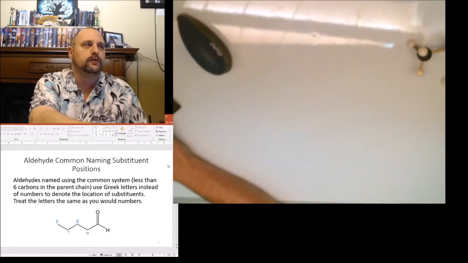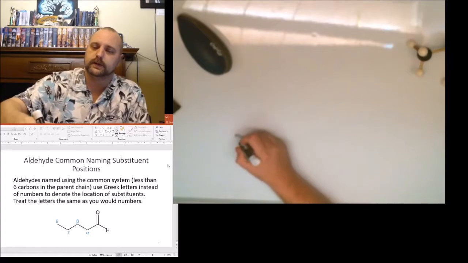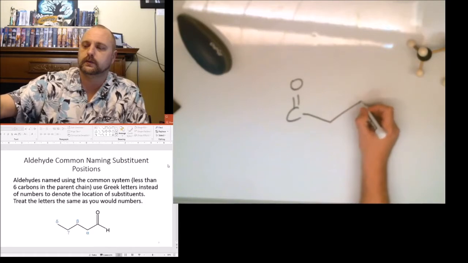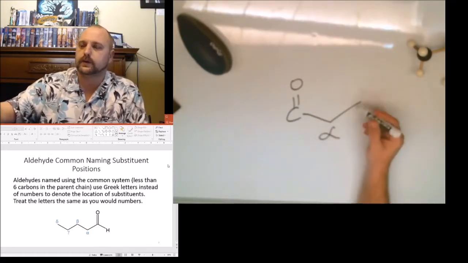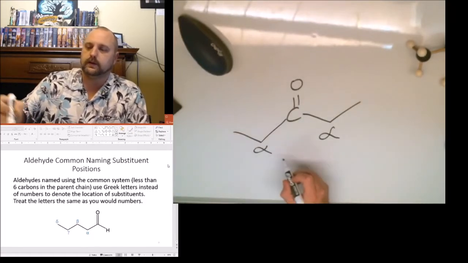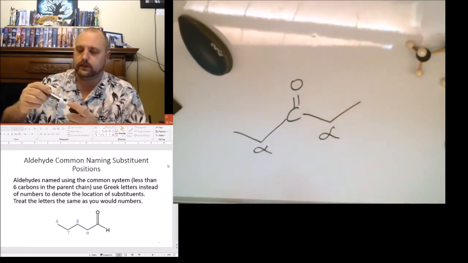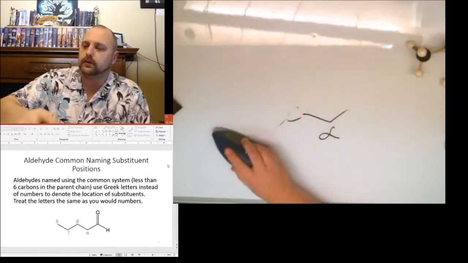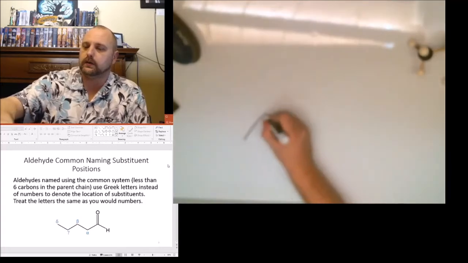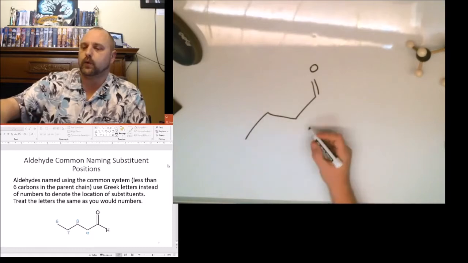FAPBV, not too bad. We talked in class about the alpha, beta, gamma positions. Anytime you have your carbonyl, alpha is the first carbon over, beta is the second. Even when we do ketones, they'll have two alpha positions. Alpha is not the carbon in the carbonyl, it's the carbon next to the carbonyl. So, 1, 2, 3, 4.